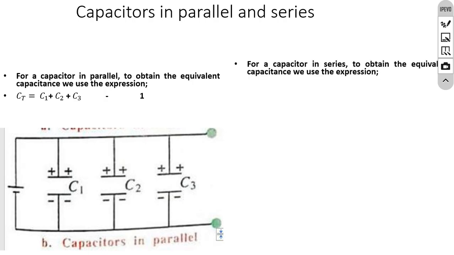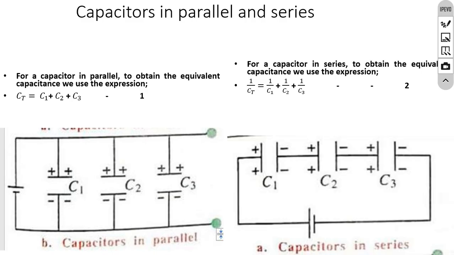It says for a capacitor in series, to obtain equivalent capacitance, we use the expression 1 over Ct equals to 1 over C1 plus 1 over C2 plus 1 over C3 for an arrangement of this nature. So I would like us to look at the figure so we can distinguish between a series arrangement and a parallel arrangement.